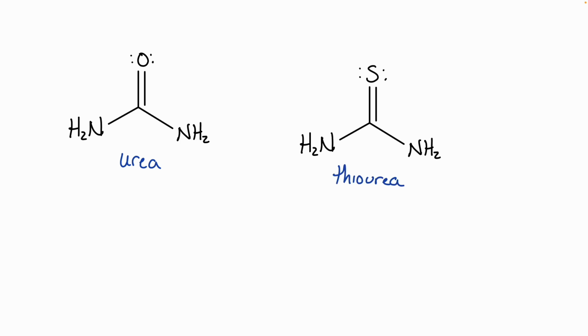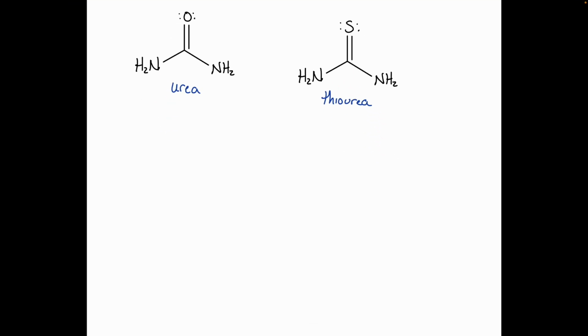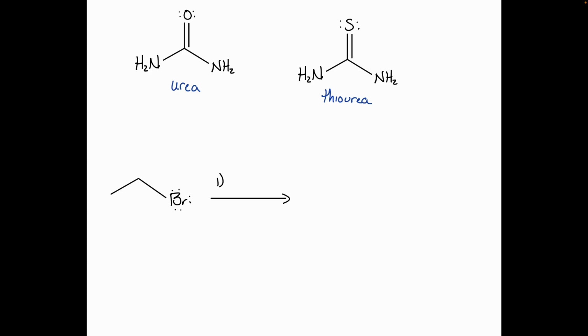And thiourea can be used to create thiols. All right, so if I took my same alkyl halide, but instead of treating it with that hydrogen sulfide, that swamp gas, I treated it with thiourea, I am going to have to do a second step here of treating this with dilute sodium hydroxide.